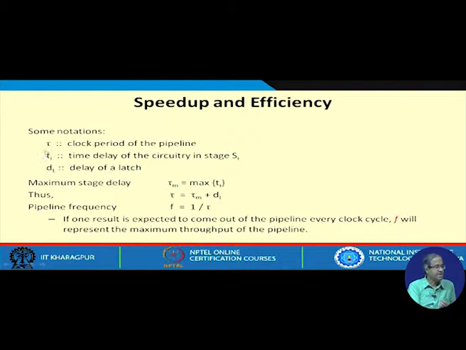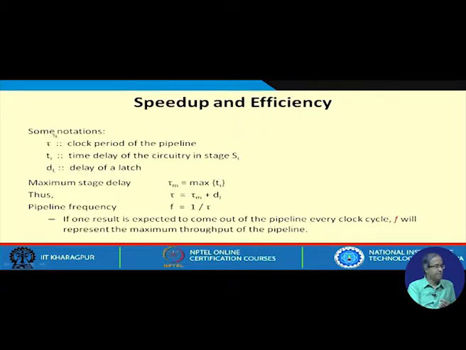Ti denotes the time delay of the stage i circuitry in stage Si, and dl denotes the delay of a latch. There are k number of stages S1, S2 to Sk, so the delays will be T1, T2 to Tk. The maximum stage delay I am denoting as tau m, which is max of Ti.